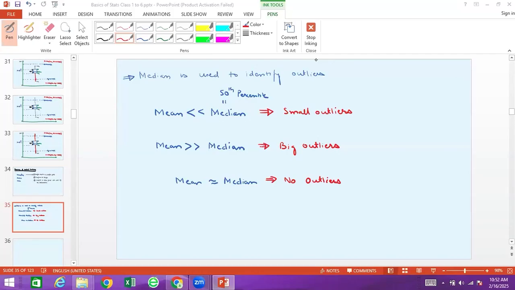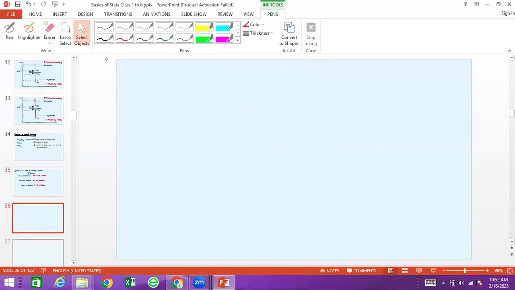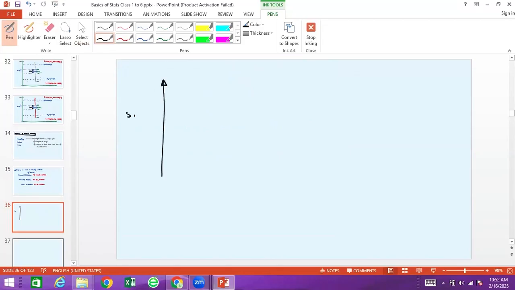Okay, and what can be the reasons of outliers? Outliers can be because of many reasons, right? For example, when you plot sales of Flipkart over a period of time, let's say this is Flipkart sales over the period of a year.